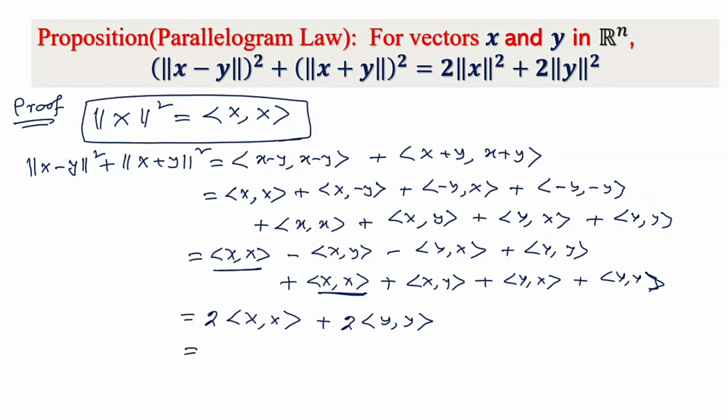So xx again, by this we'll have 2 of the norm of x whole square plus 2 of the norm of y whole square, and this gives the parallelogram law.